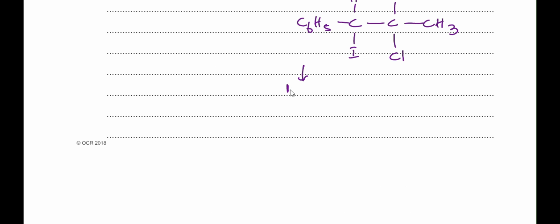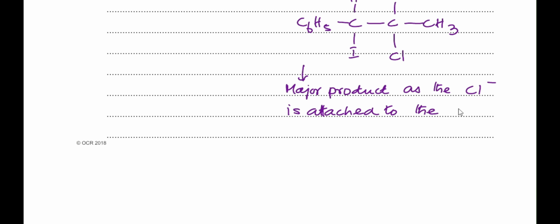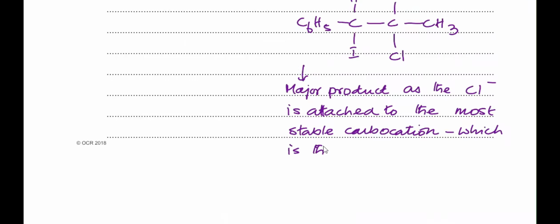So you'll say here, this is the major product, as chlorine is attached to the most stable carbocation, which is the one with the most substituted carbon or the least hydrogen atoms.